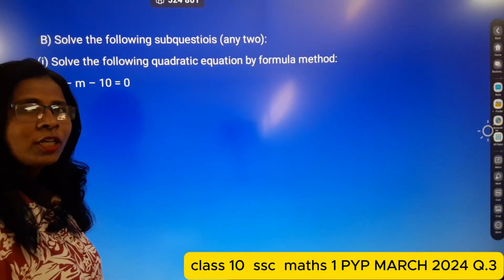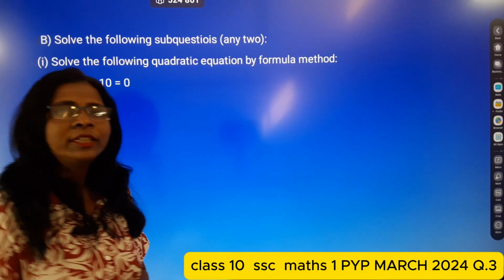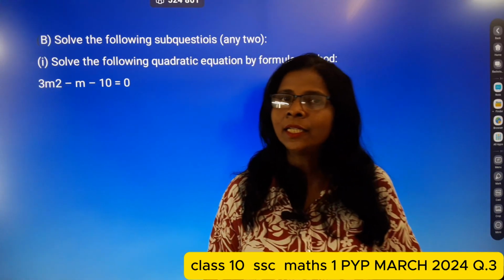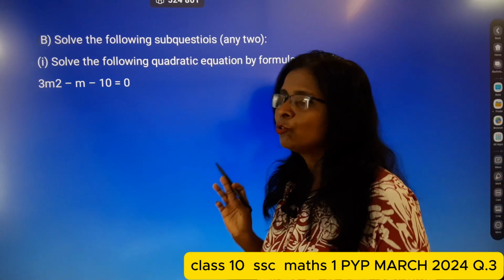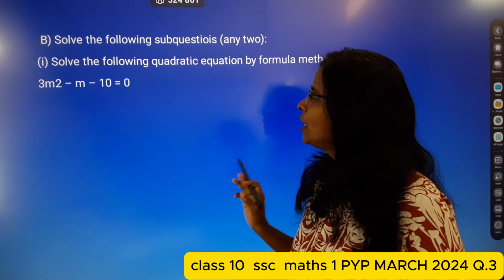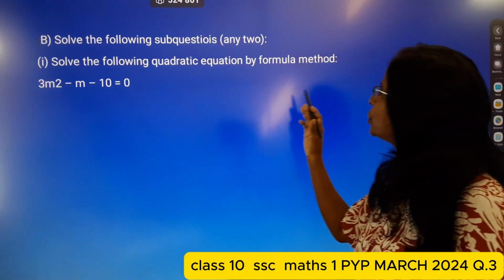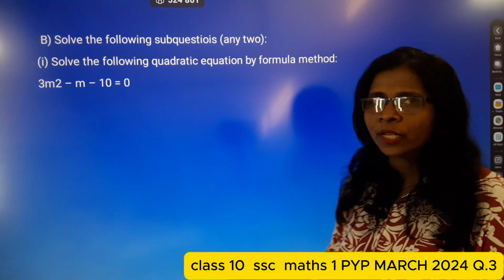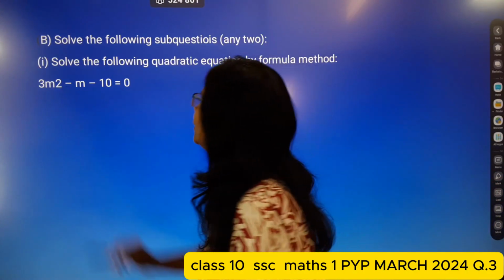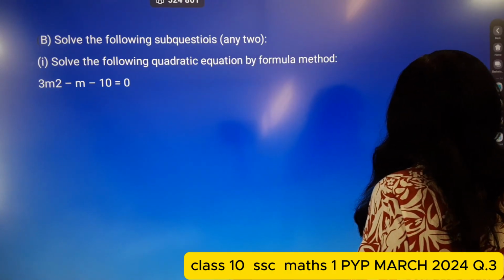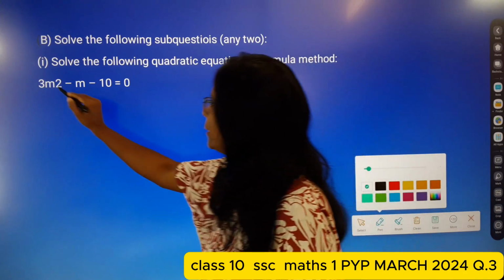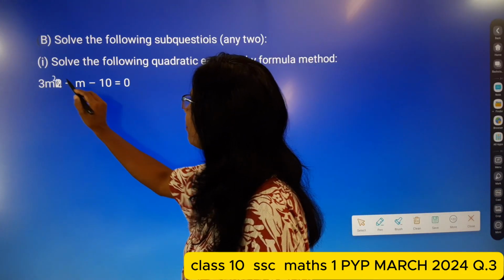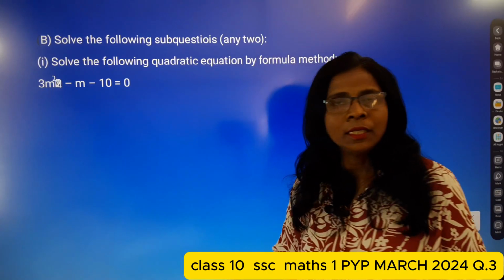Now it is question 3B, students, and it is a 3 marks question each, and we have to solve any 2. Solve the following quadratic equation by formula method. So this is 3m square minus m minus 10 is equal to 0.